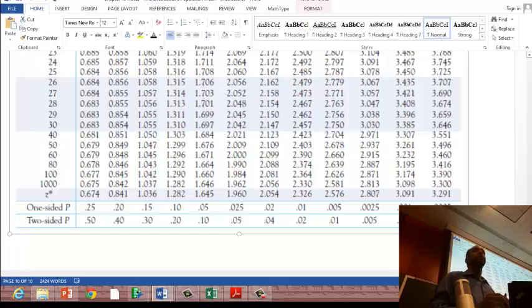Yes? We're comparing this at a 0.05 significance level. Why would you not just find the row with the degrees of freedom and go across to 0.05, 95? Someone else had a question about that on Tuesday, I think it was.